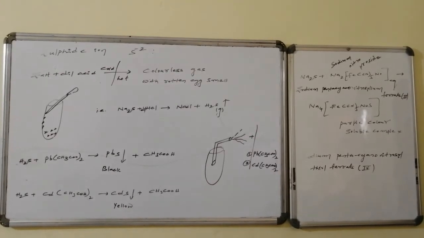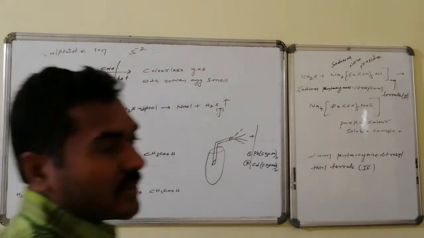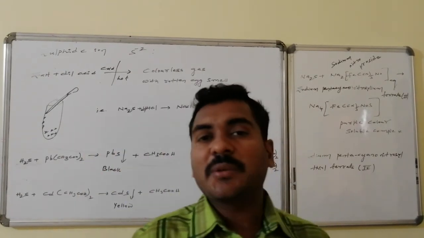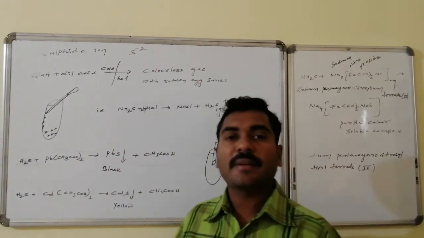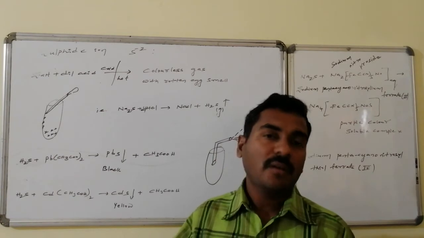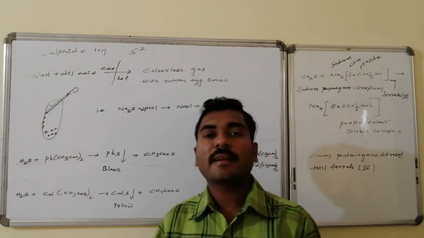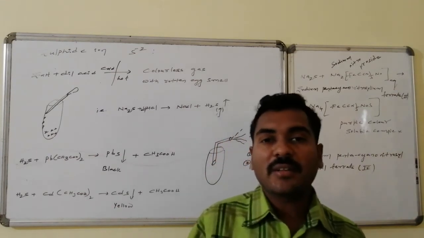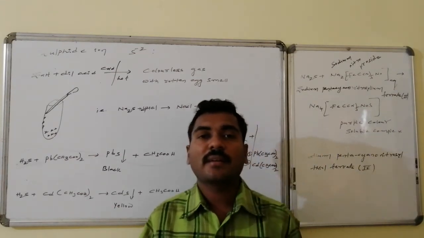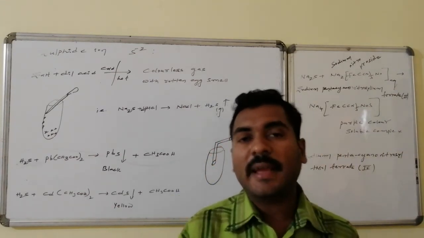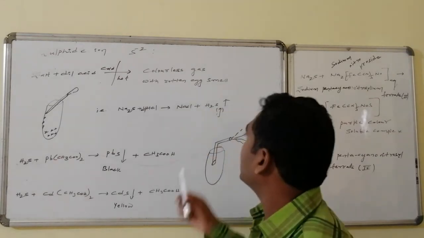Study related to the sulfide ion. The salt consisting of sulfide, on reaction with dilute acid under cold conditions, or in some cases, if it doesn't work, on gentle heating under hot conditions, gives a colorless gas with a pungent, rotten egg smell. That gas is H2S.